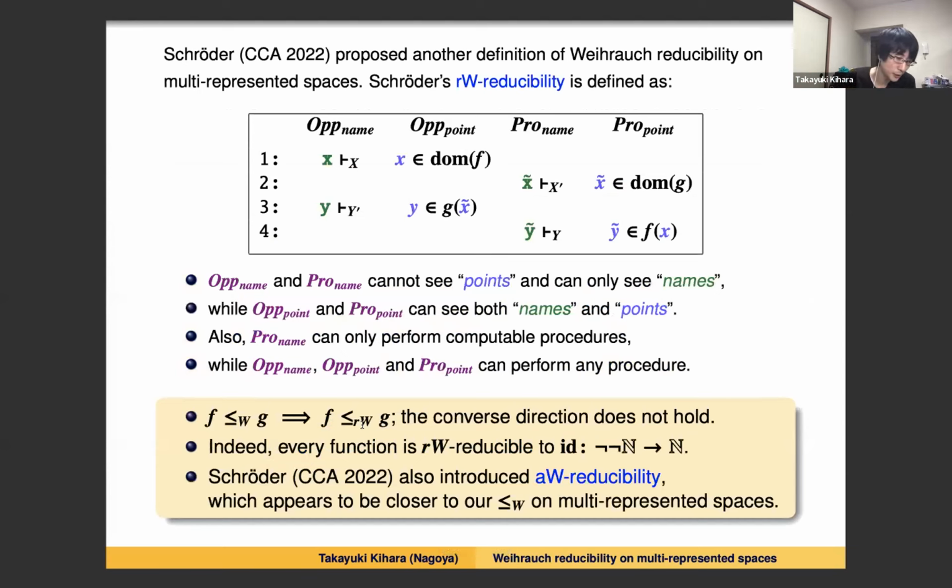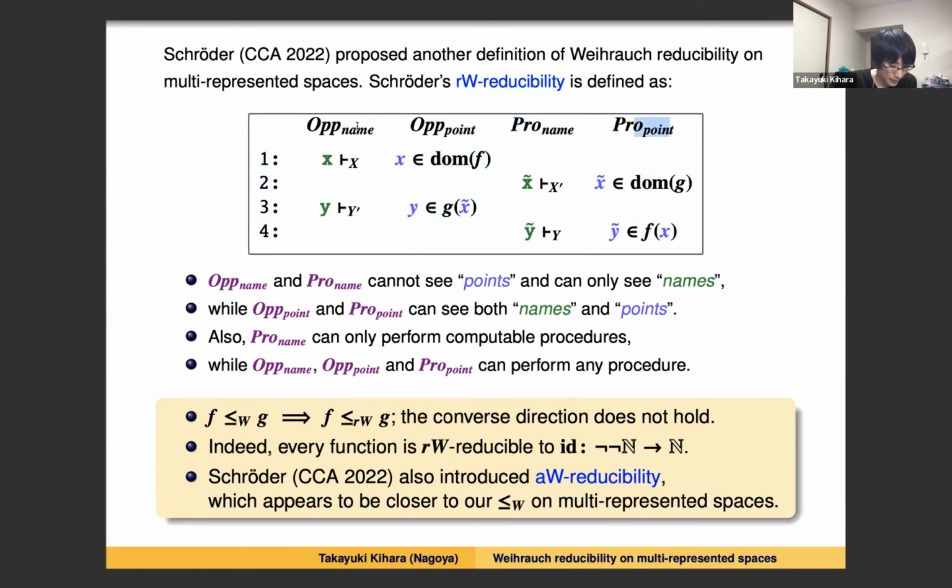There are two Schroeder definitions, one of which I will explain, which Schroeder called RW reducibility. The definition of RW reducibility can be explained using a game, which looks roughly like this. Now opponent and proponent each split into two players: two name players and two point players.